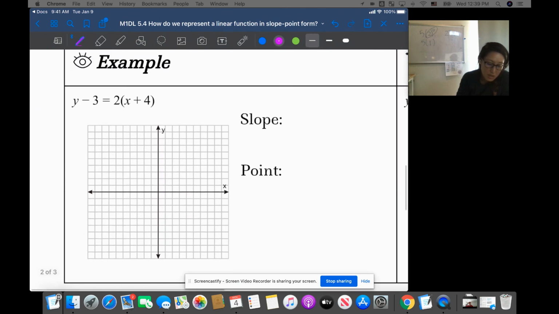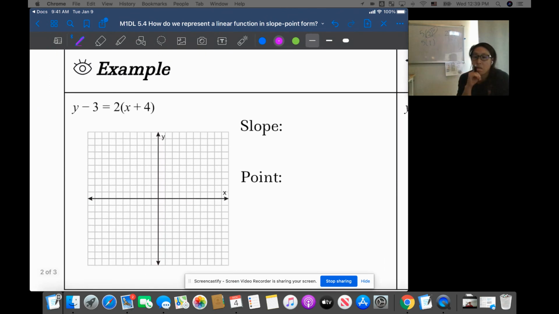Okay, so I have my equation in point-slope form. Remember, it's y minus y1 is equal to the slope times x minus x1. So I can pick out from the equation that the number in front of the parentheses is my slope. So I know the slope is equal to 2, or 2 over 1. Okay, the point is x1 comma y1.